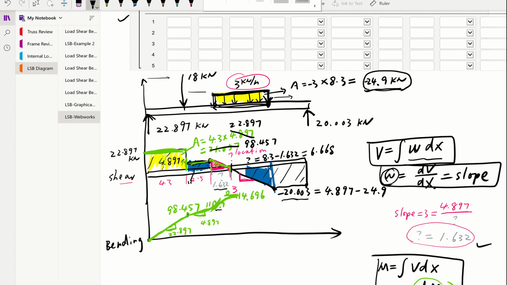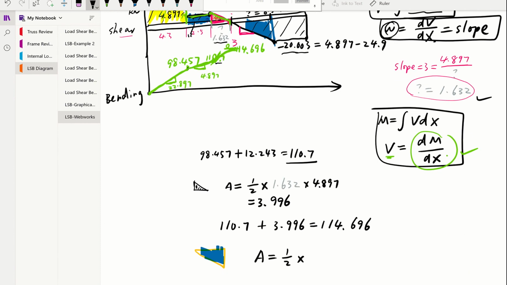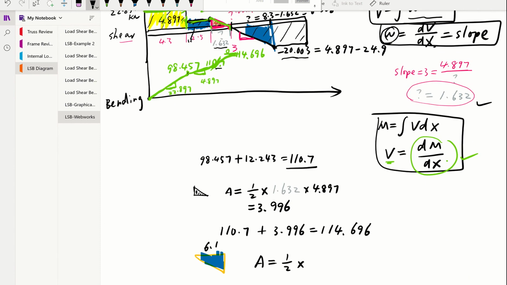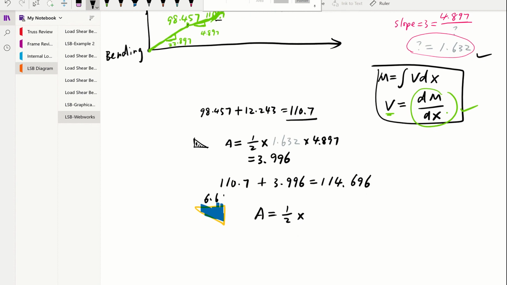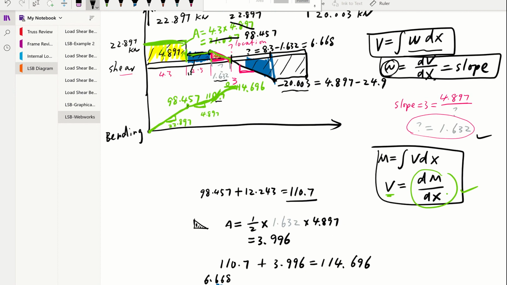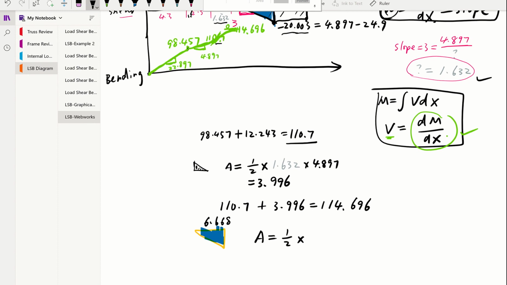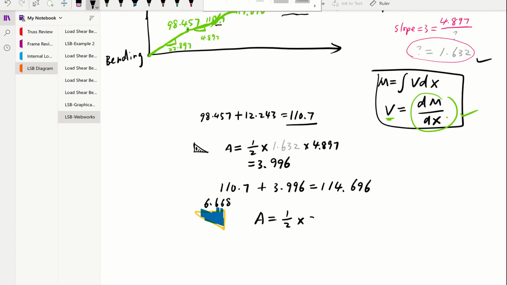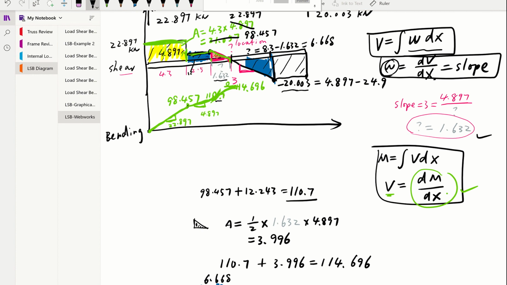So that's the length of there. Okay, then how tall is this? What's the height here? That would be this value, correct? 20.003. That's the height of this rectangle.